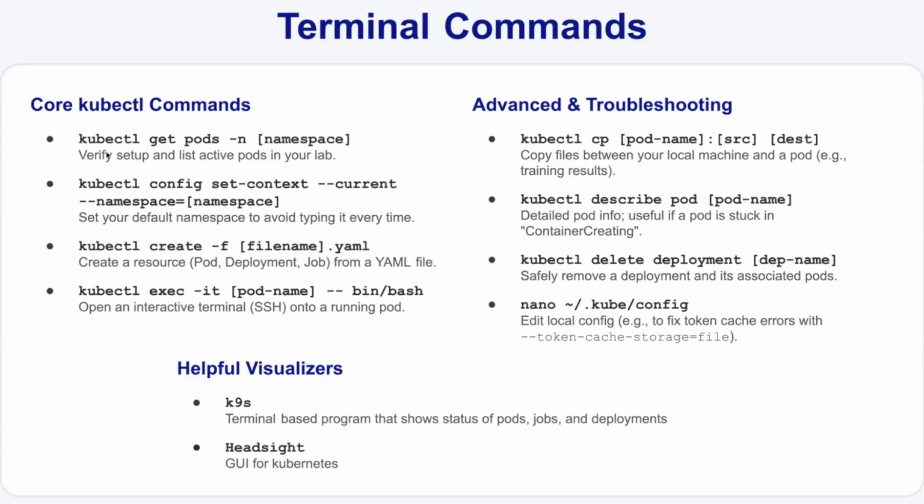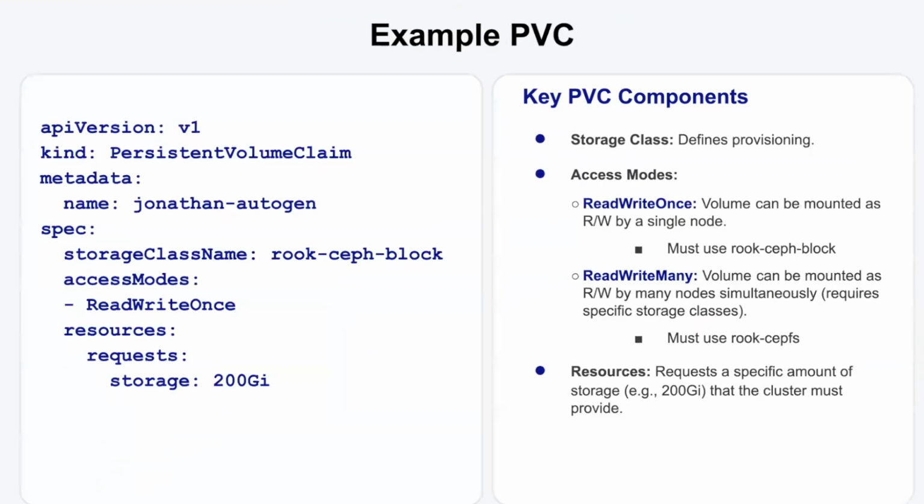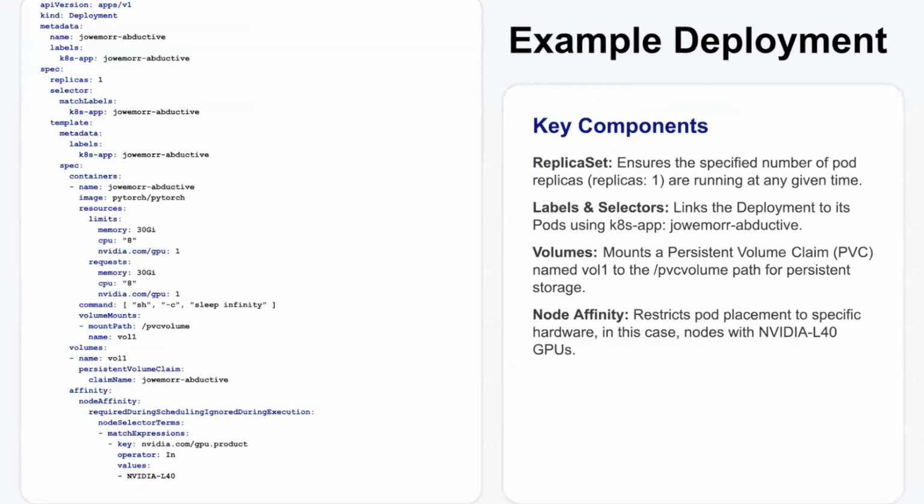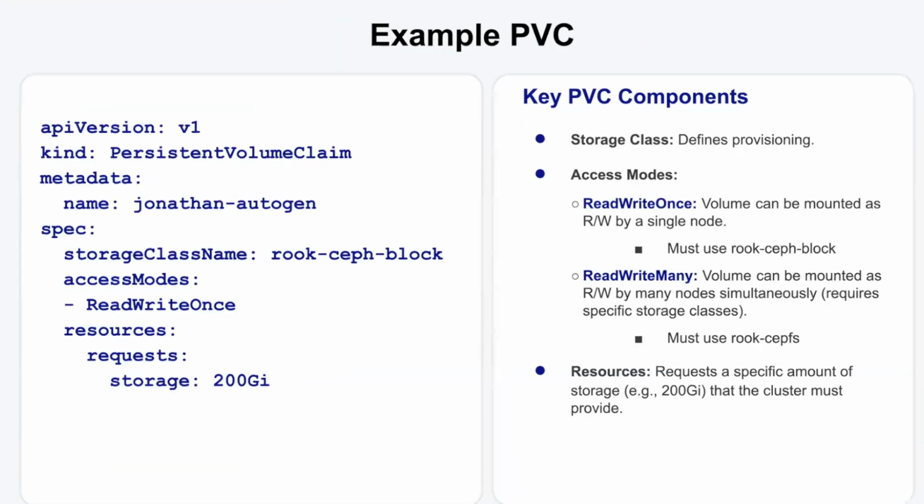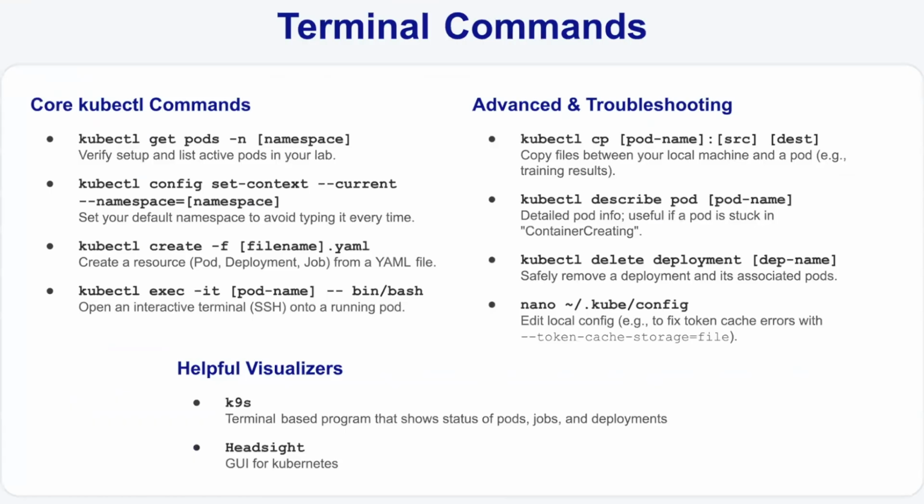So step one is kubectl create -f. That command lets you create anything like pods, jobs, deployments, PVCs, because as we saw before, these are all YAML files, and they would all be in, let's say, pod.yaml or deployment.yaml, etc. So here you would just do kubectl create -f pod.yaml, and it creates the pod.